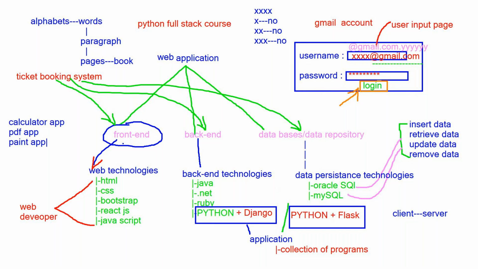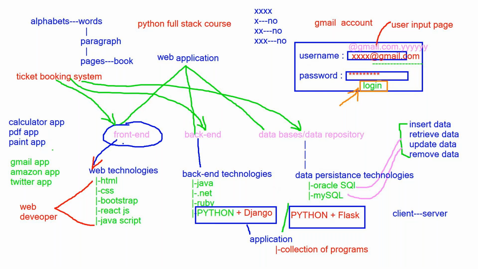So basically applications are of two types. We have offline applications and online applications. Gmail is an online application. The Amazon app is an online application. Twitter is an online application.